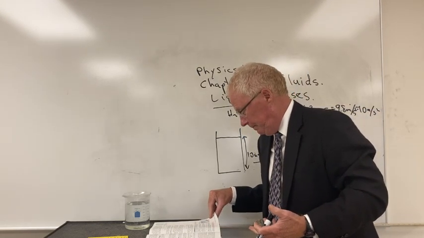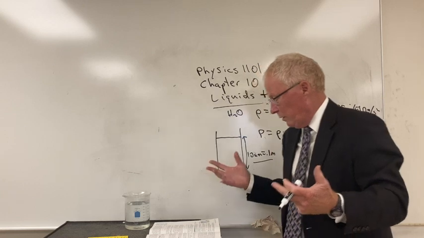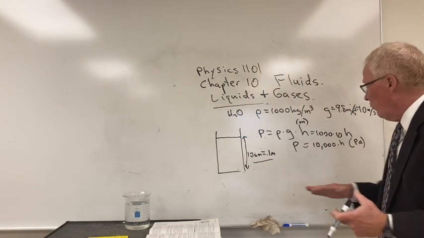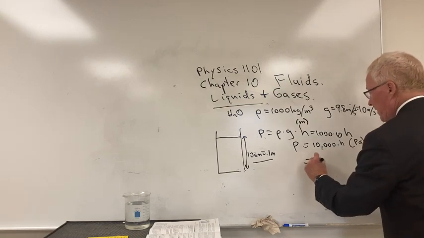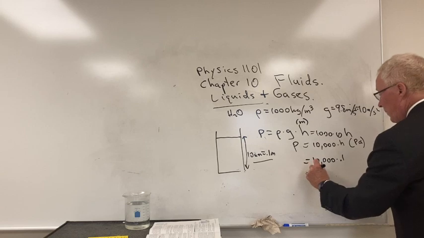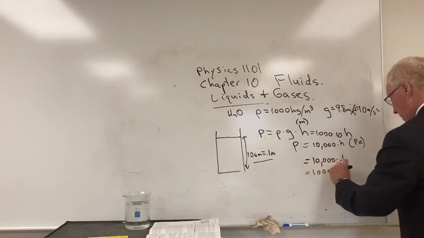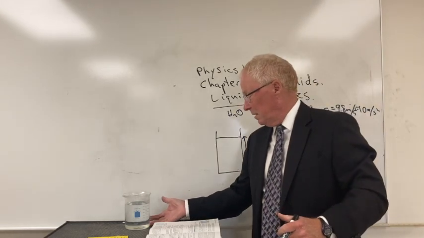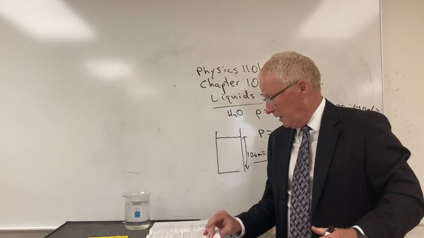Now, to calculate this, the pressure for 0.1 meters down would be 10,000 times 0.1, which would be 1,000 pascals, Pa. So that would be the pressure on this little piece of metal at that point.